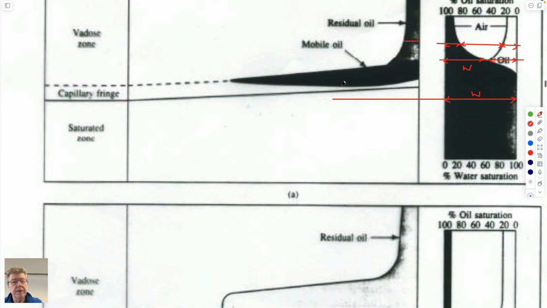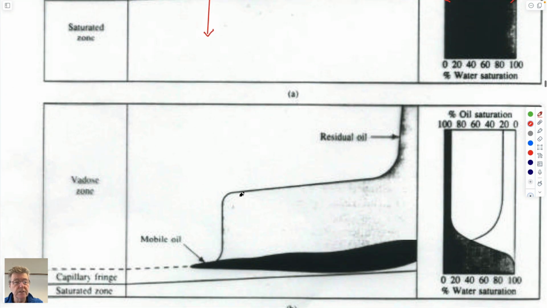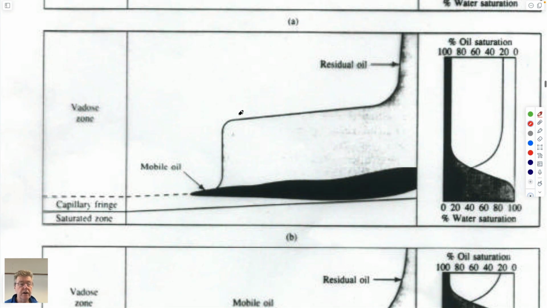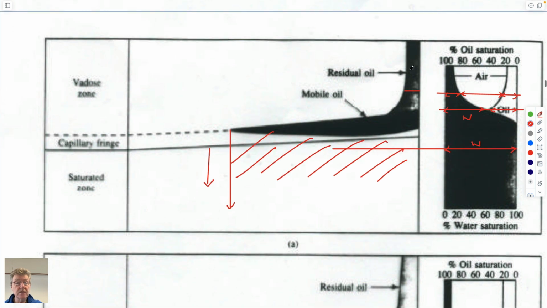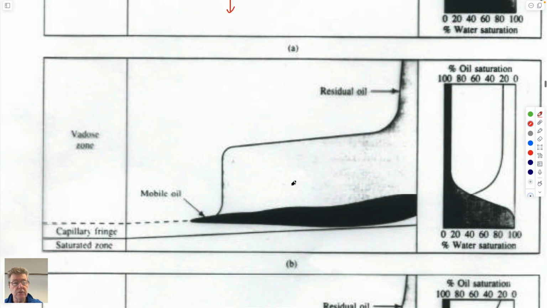But if the water table now drops, so if you have a drought or a seasonal change and the water table goes down, then it would take this distribution of this lens and drag it down through the system. So in other words, it would just smear this in the same way that it smeared this as it went down, except now it's smearing it through what was water saturated, not air saturated.